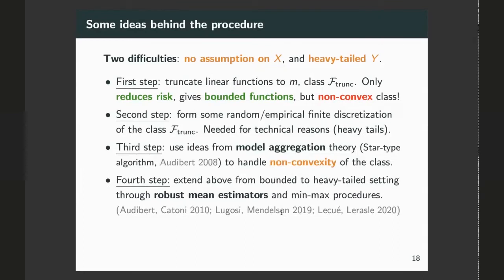But I have to mention that these references explicitly consider linear regression, but not in the distribution-free case, and they consider proper procedures, so they cannot give the bounds we have in our setting. And I recall that the procedure is not practical, so you cannot implement this algorithm in large dimension.